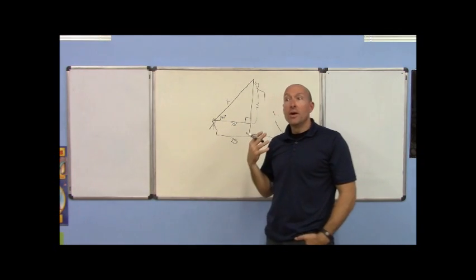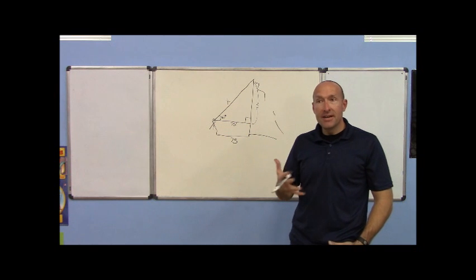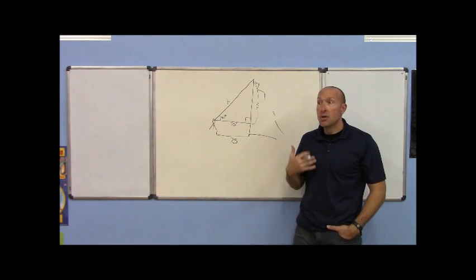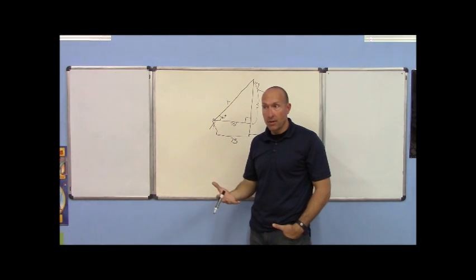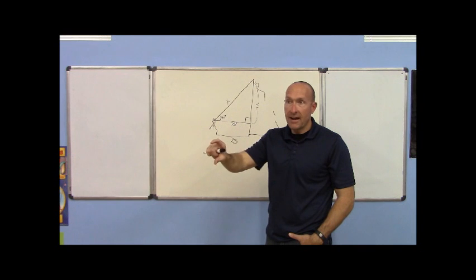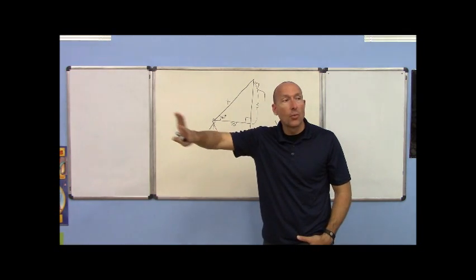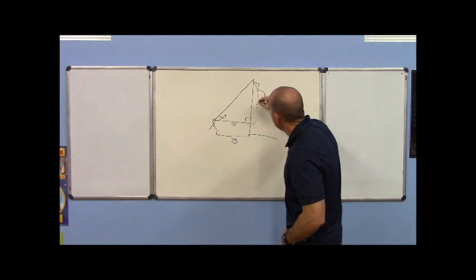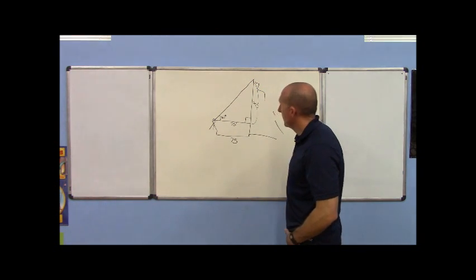Which goes to show it is very, very necessary that you read the problem carefully. Don't take any information for granted, but make sure that you know what the problem says and what it's asking you to do. Otherwise, you end up going off in the wrong direction. We don't need this. We need this here.